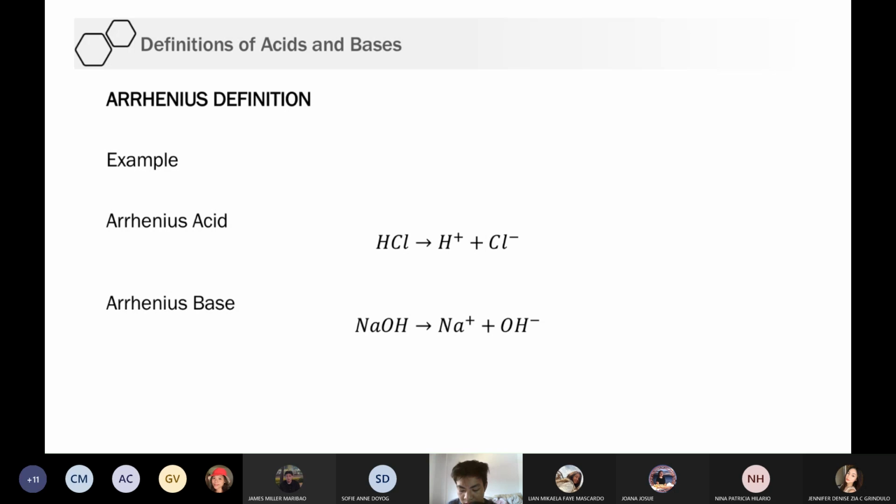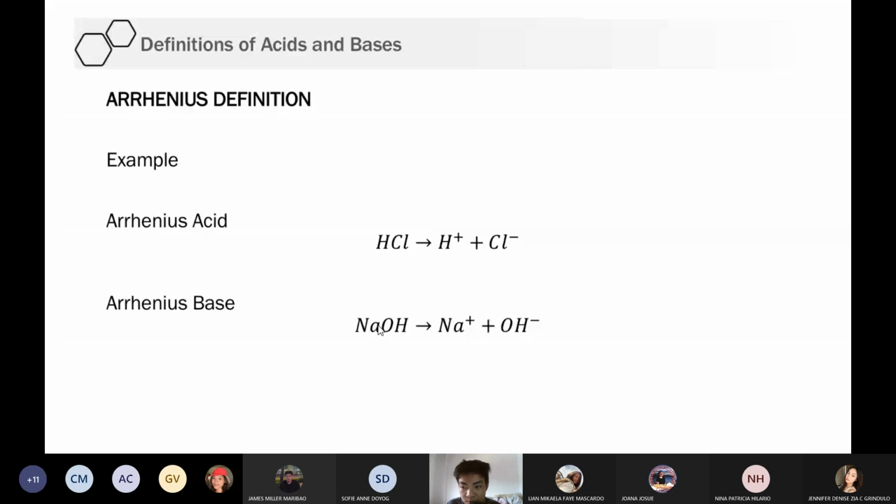Mga basic examples lang. We have Arrhenius acid, hydrochloric acid. Our cation here is H plus. So, we have HCl. When it dissociates in water, it produces H plus and Cl minus. Okay. So, since this molecule produced H plus, Arrhenius acid ang tawag dyan, or just simply acid.